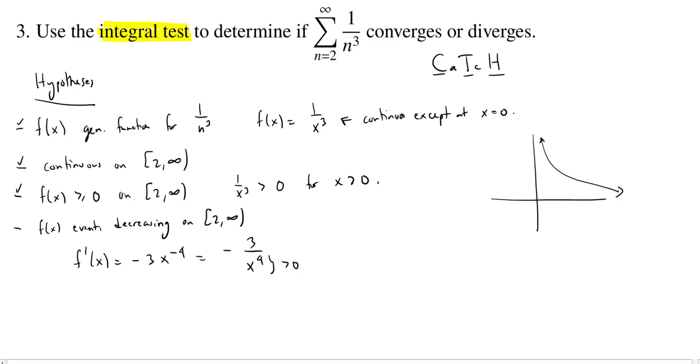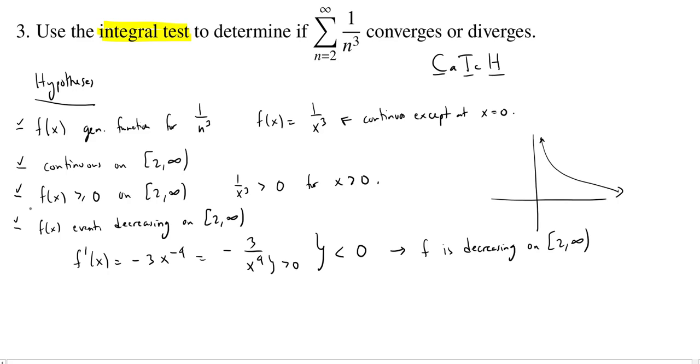So 3 over it is always positive, but with the negative, the whole thing is always negative. If you have a negative derivative, that tells you f is decreasing, again assuming x is not equal to 0. So it's definitely decreasing on 2 to infinity.